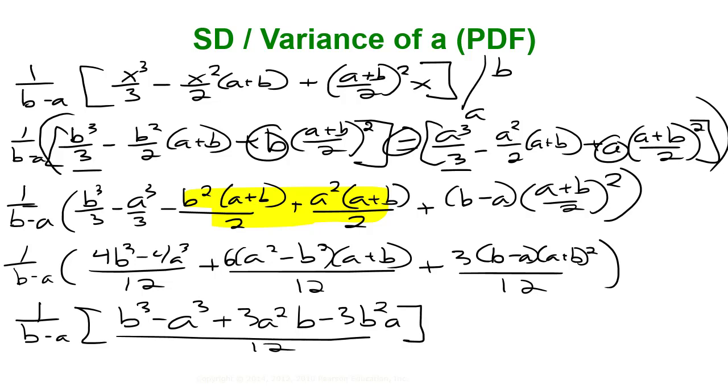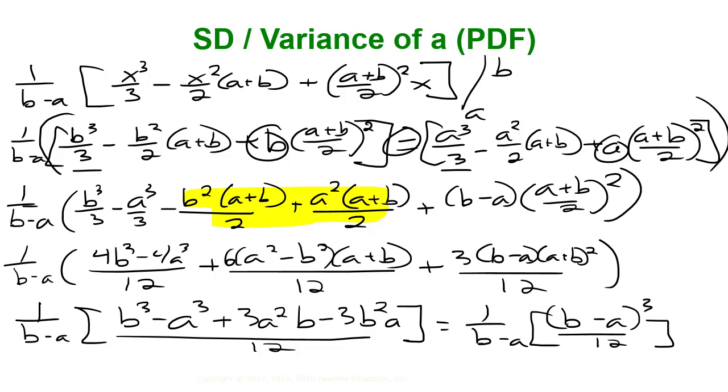And then this, if you don't recognize it, is a perfect cube. This becomes 1 over b minus a times b minus a cubed all over 12. And of course, the b minus a and the b minus a cancels.